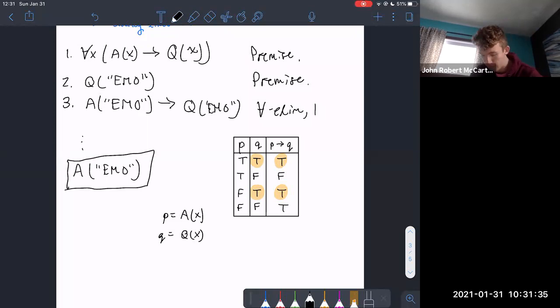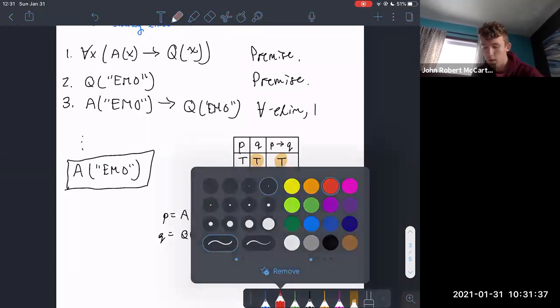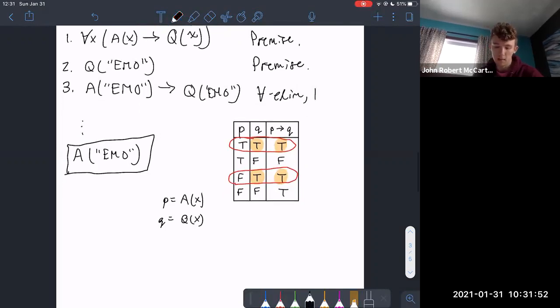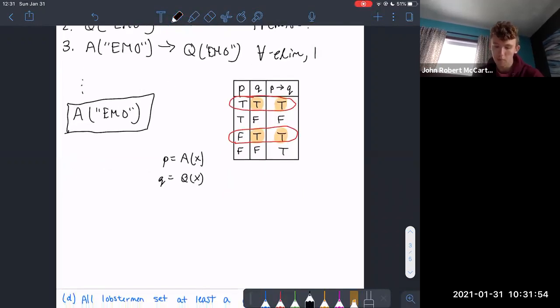But again, just like last time, if we look at these two cases, in the first one, P is true, but in the second one, P is false. So it could be the case that P is either true or false. Or in our case, A is either true or false. So again, it doesn't make any sense to conclude that A is true, given that it could be either true or false.